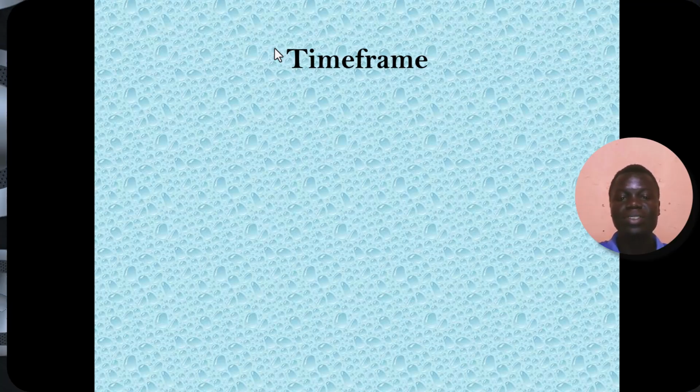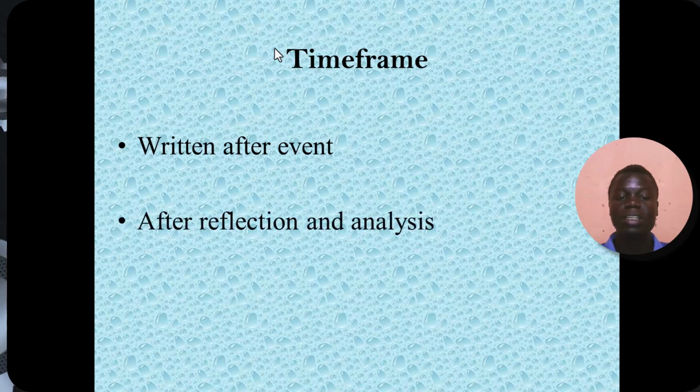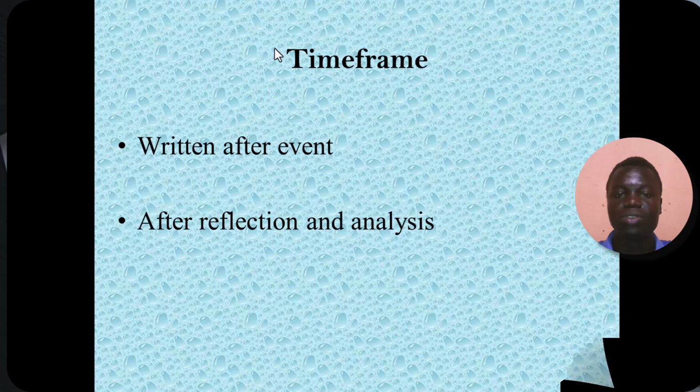But the secondary source of information is typically written after the event has passed, which can be several decades, years, days, or hours. It is written after reflection and critical analysis of a primary source of information, and that is when the secondary source is created.